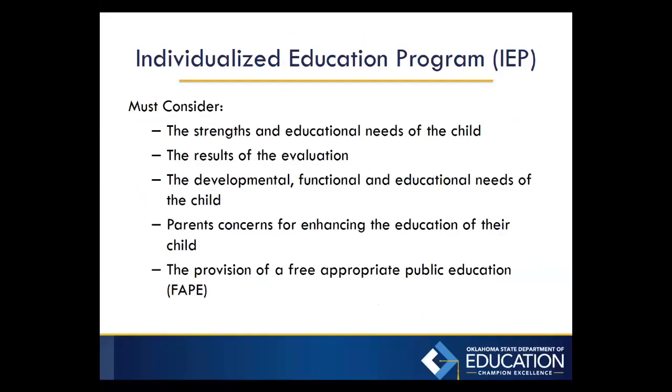And then you need to have developmental, functional, and educational needs that that child will need to be successful in school. Also, you want to always write down parent concerns, okay? That is a critical component in any IEP, not just for a 3-year-old. And make sure that you are providing a free appropriate public education to all children.